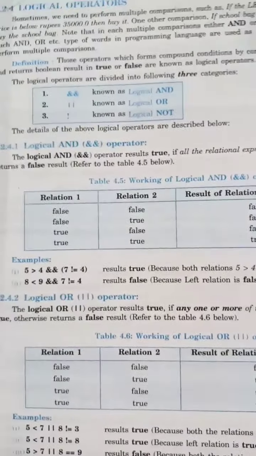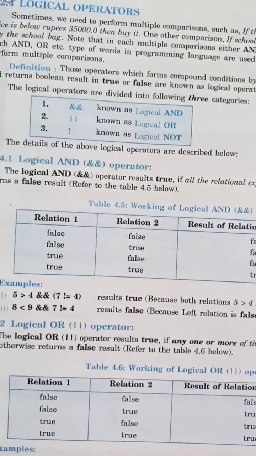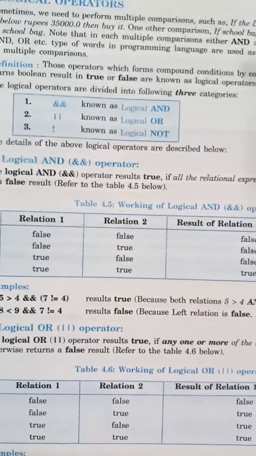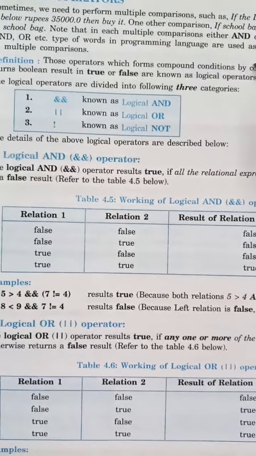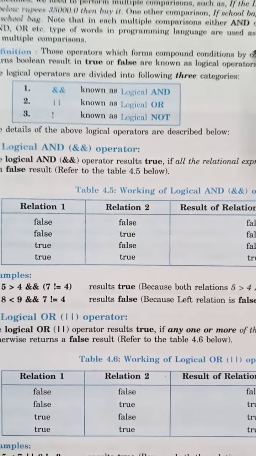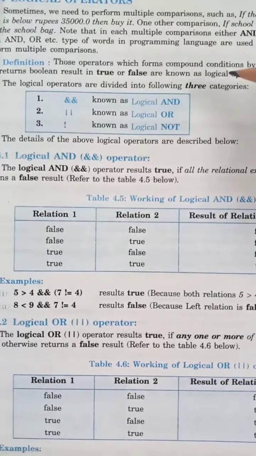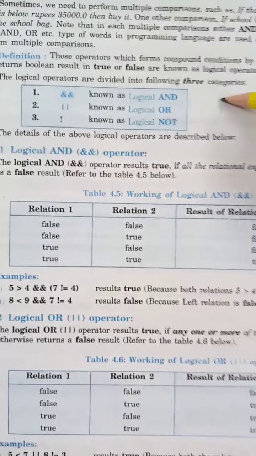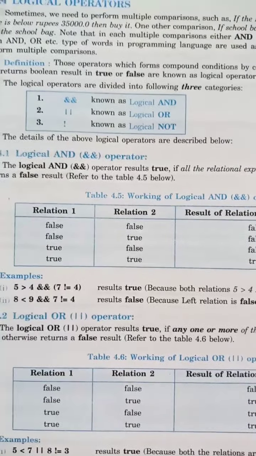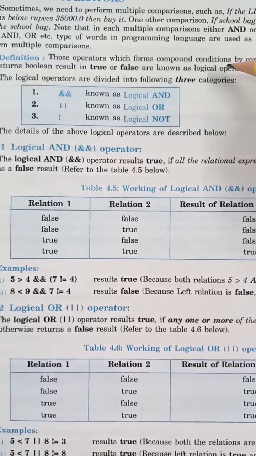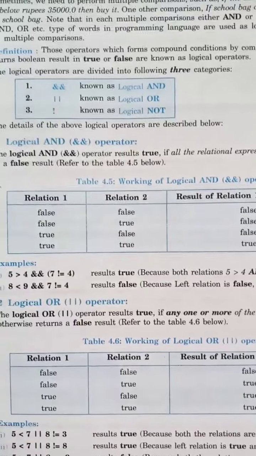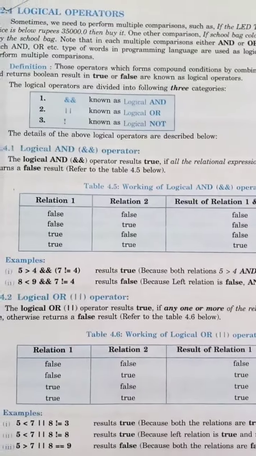Now come to logical operators. These are the operators which form compound conditions. Using comparison operators, you can form conditions, and if you use logical operators with them, you can form more compound conditions by joining or combining two or more relations, and they return a Boolean result.